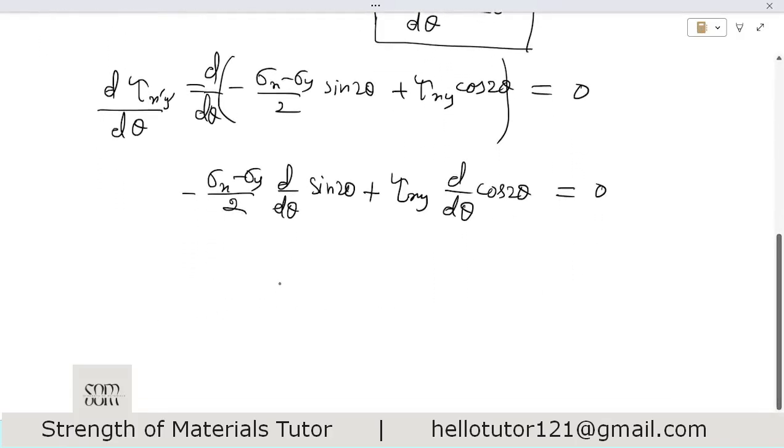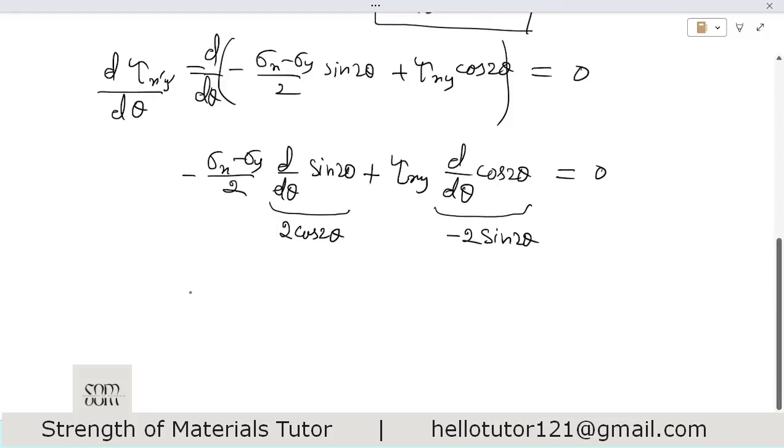Now we know differentiation of sine 2 theta and differentiation of cos 2 theta from the basic calculus classes. Differentiation of sine 2 theta is what? 2 times cosine of 2 theta, and differentiation of cosine of 2 theta is negative 2 sine of 2 theta, right?